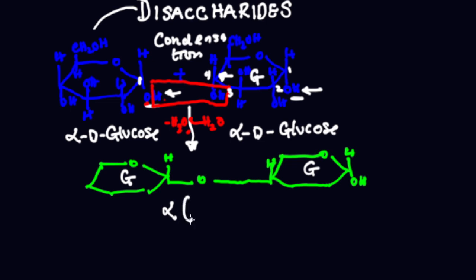Then I'm going to have between position 1 of this sugar and position 4 of this sugar. That shows that I'm going to have alpha 1,4, right? I'm going to have alpha 1,4 glycosidic bond. That shows that when I join two glucose residues together, I actually form an alpha 1,4 glycosidic bond.